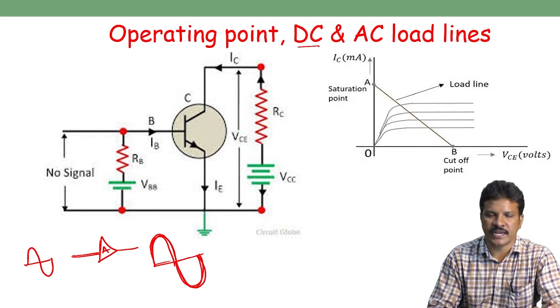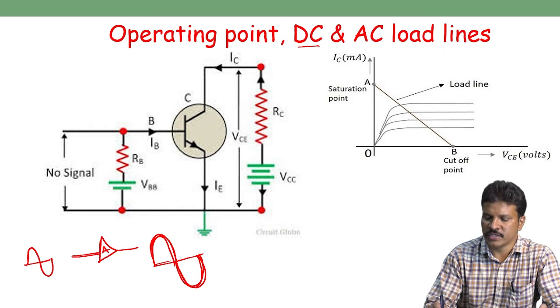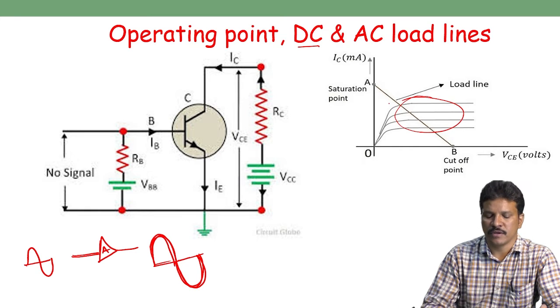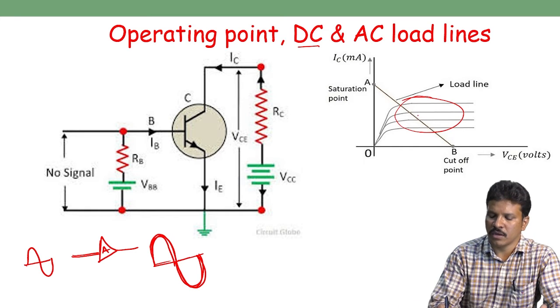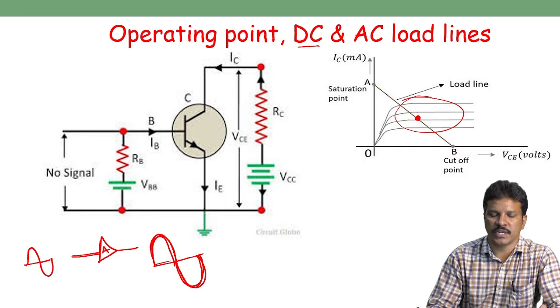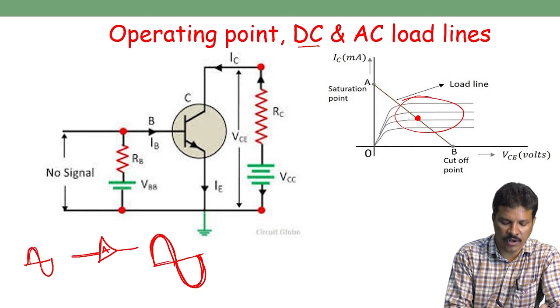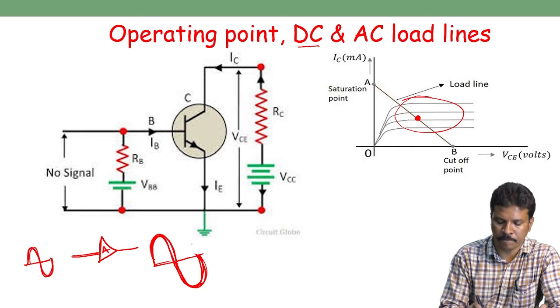In order to make this circuit act as an amplifier, you must operate it in the active region of this characteristic. So when the Q point on the characteristic curve is in the active region, then the signal will be amplified faithfully.